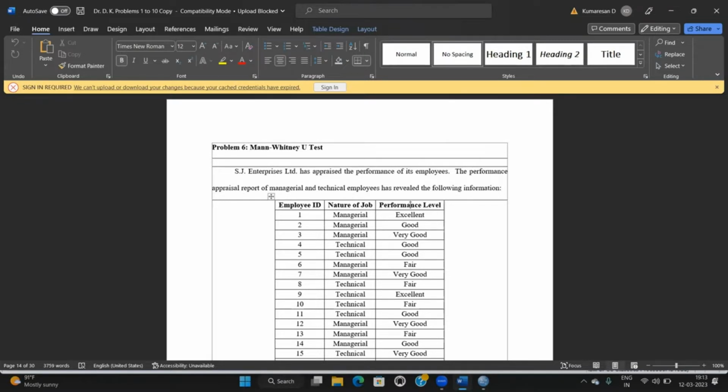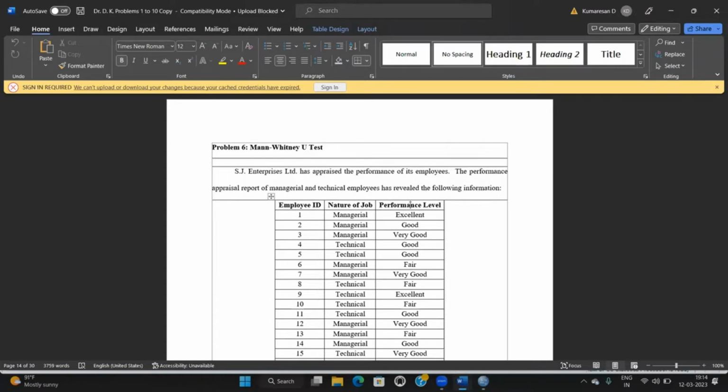That is why we call the Mann-Whitney U test a non-parametric equivalent to the independent samples t-test.